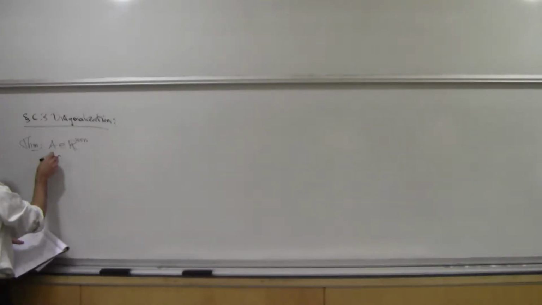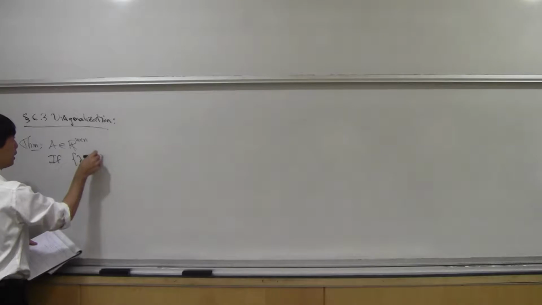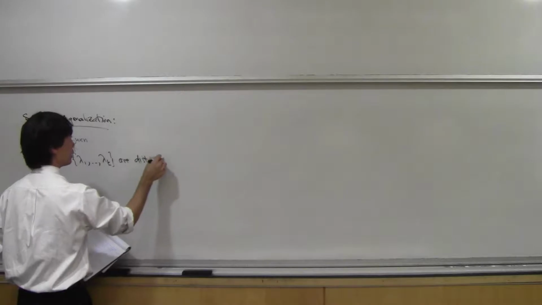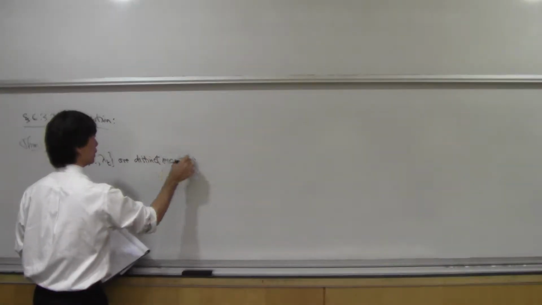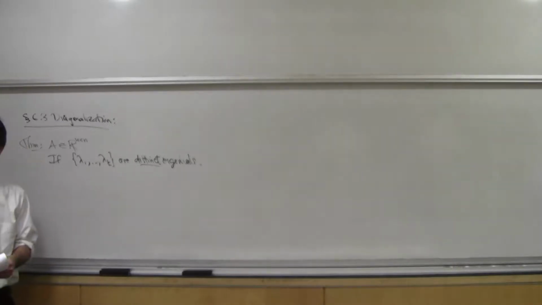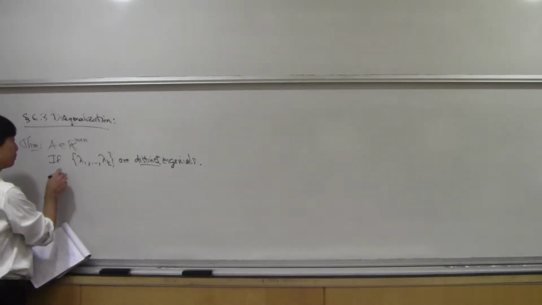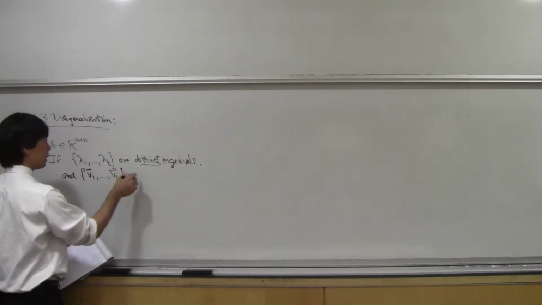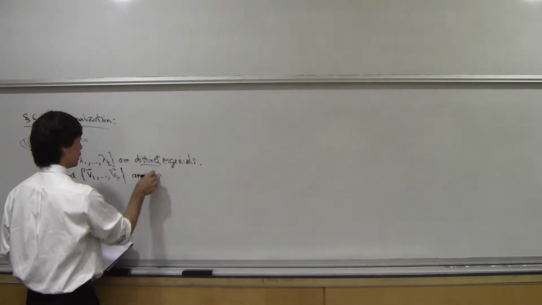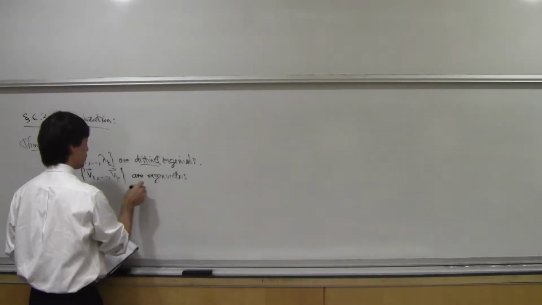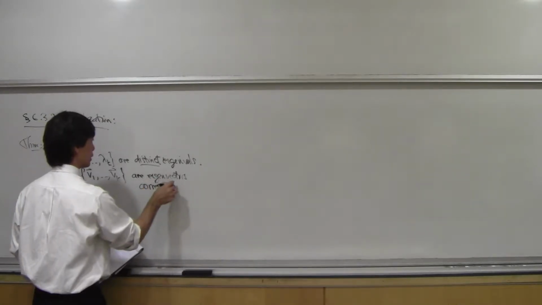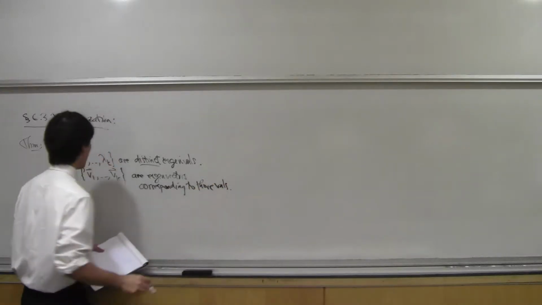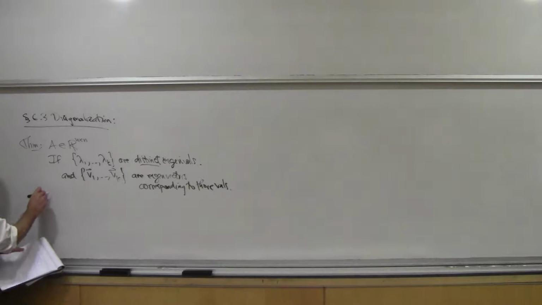If you have a bunch of eigenvalues, if you have distinct eigenvalues, right, then if you have eigenvectors corresponding to those values, then they're linearly independent, right?